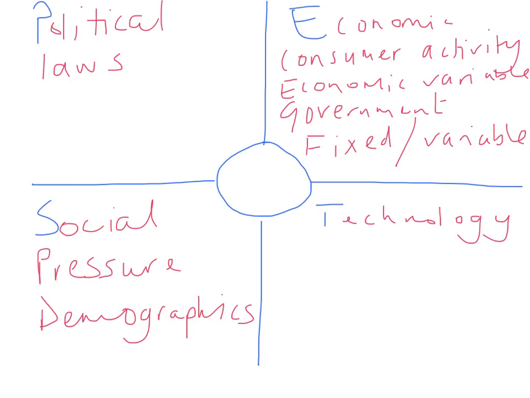So I'll just write there, change. The one that you sometimes see, so that obviously stands for PEST. Sometimes you might see it included G as well. I don't always include it because I think it often comes under social as well. But G stands for green.